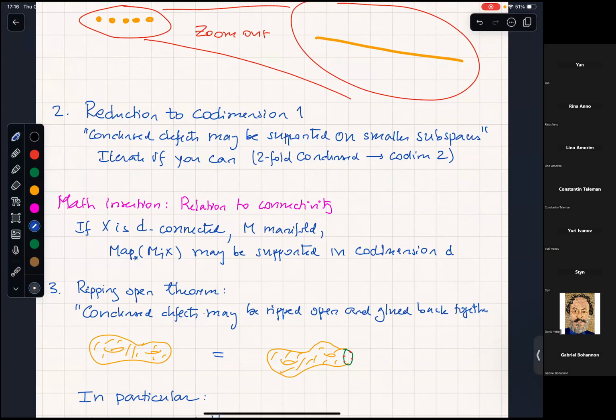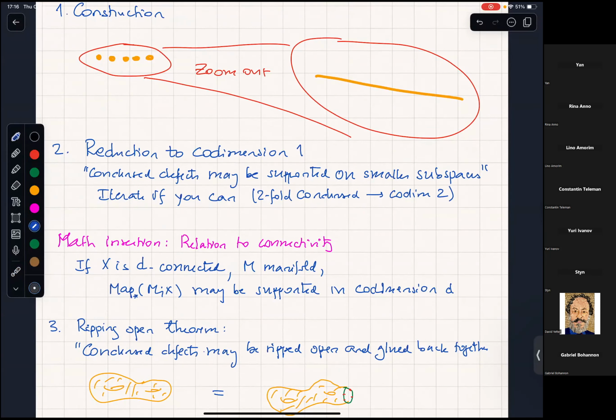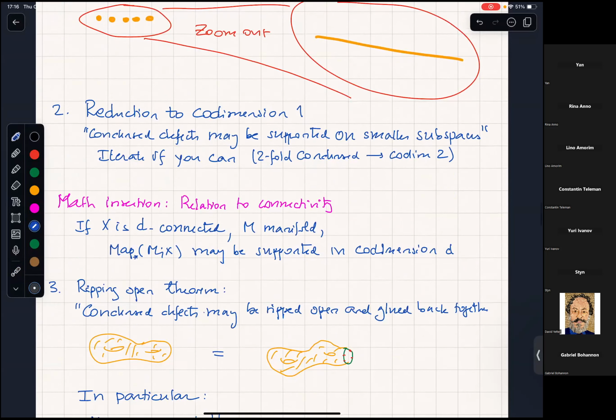It's a version of Poincaré duality. So that, I think, for us was an interesting connection, because clearly this condensation thing is asserting some kind of connectivity, because of this restriction to codimension property.